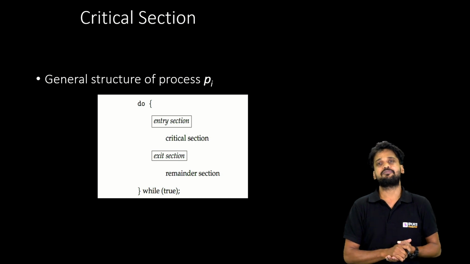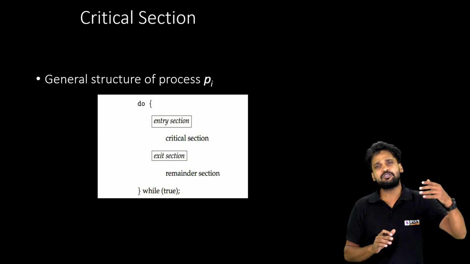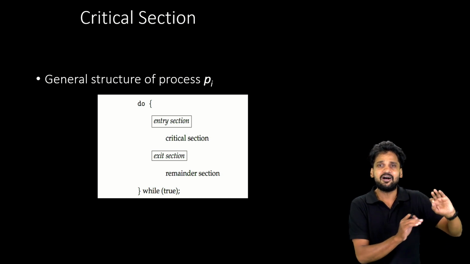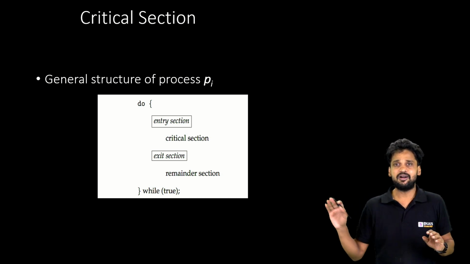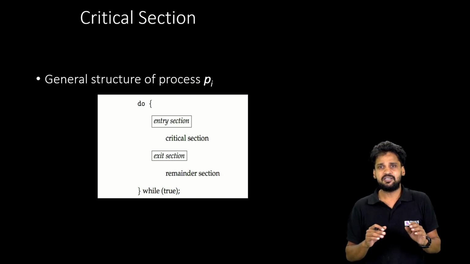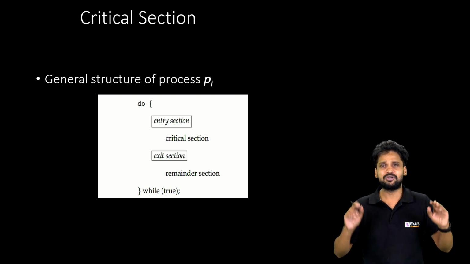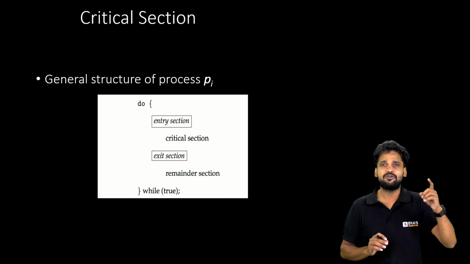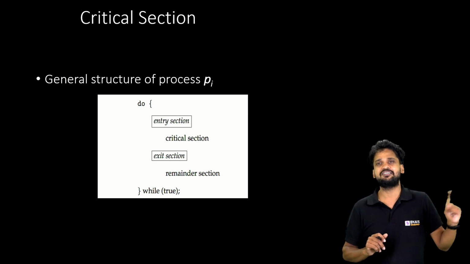But let me tell you something. Any solution starting with Peterson's solution is going to incur some problems. I'm not including semaphores here, but Peterson's solution or the other solutions. Let us take an example of Peterson's solution. If you want to use Peterson's solution to protect the critical section, that doesn't work.